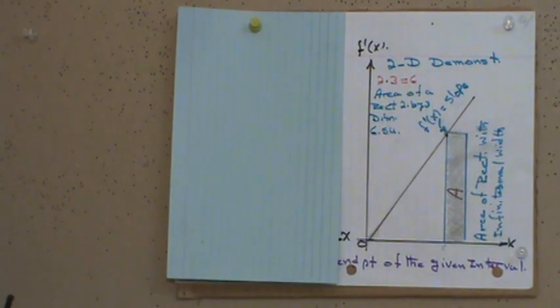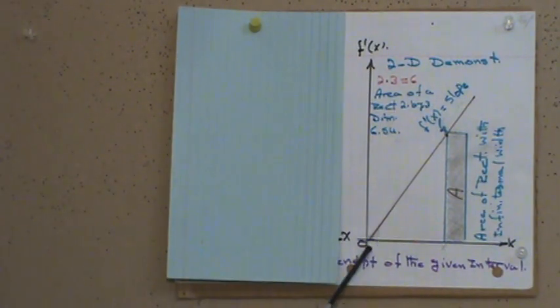One is that in 1D, 2 times 3 equal to 6 is the length of a line segment which is 6 units long. In 2D, 2 times 3 is the area of a rectangle which is 6 square units. You follow me?